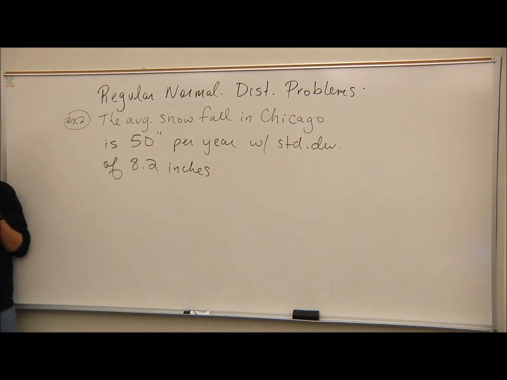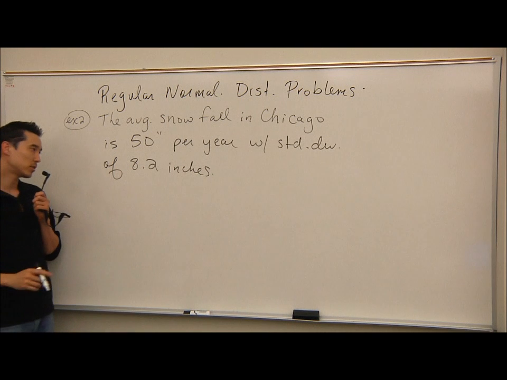Okay, the average snowfall in Chicago is 50 inches per year with a standard deviation of 8.2 inches.